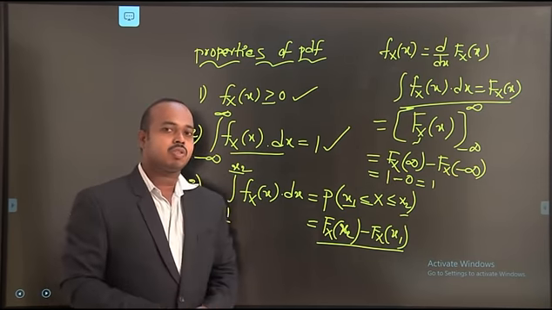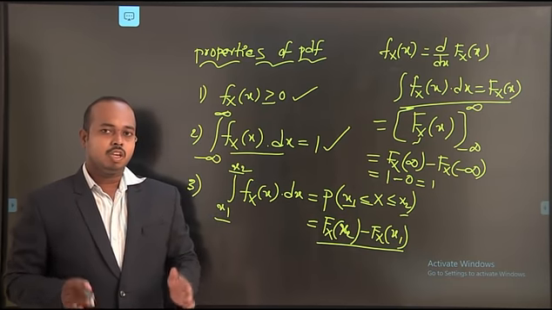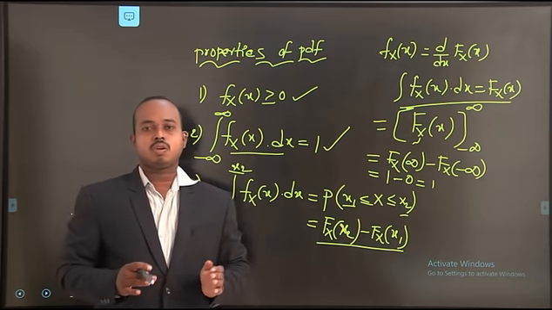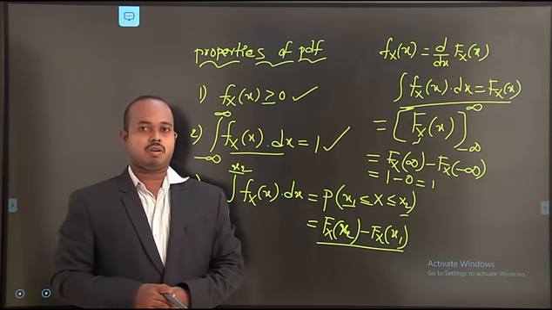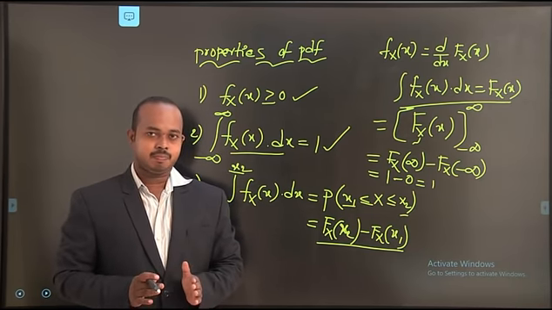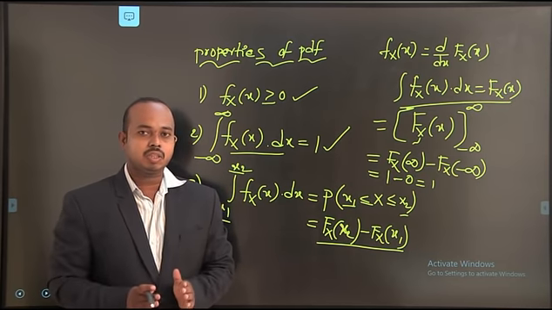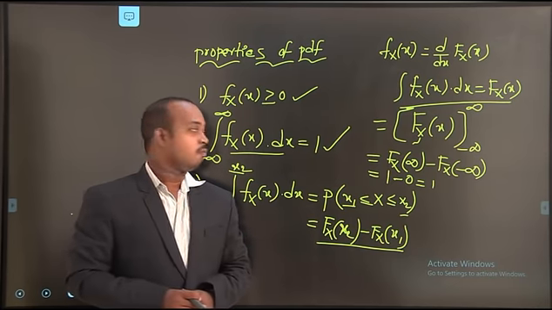I'm repeating once again. If you check, he is giving one problem. He is asking whether it is a valid density function or not. We can check whether the given function is a valid density function or not. The function must satisfy the first two conditions.